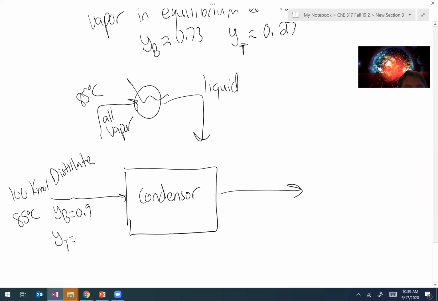And the mole fraction of toluene is 0.1. That says we have 90 kilomoles of benzene and 10 kilomoles of toluene.